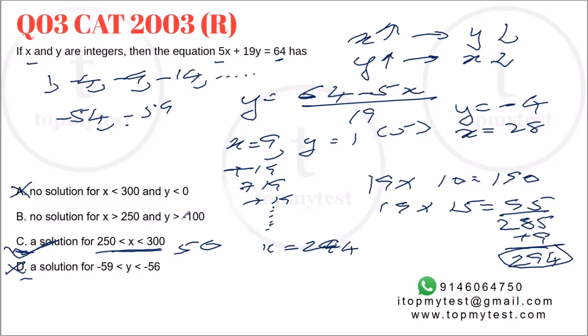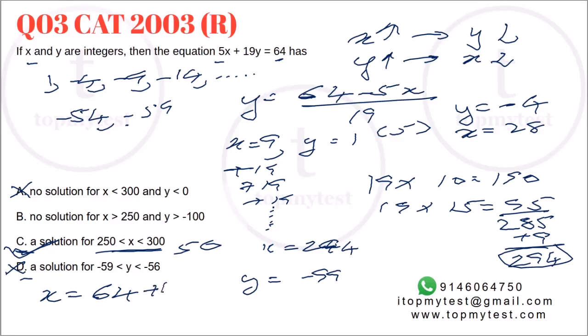Let's take a very extreme value, right? It will keep on changing by 5. So let's take y is equal to minus 99. If you substitute y is equal to minus 99, let's see what x will be. X will be 64 minus 19y divided by 5.